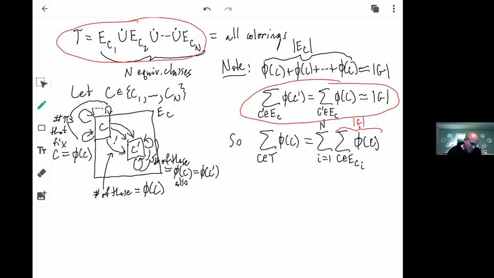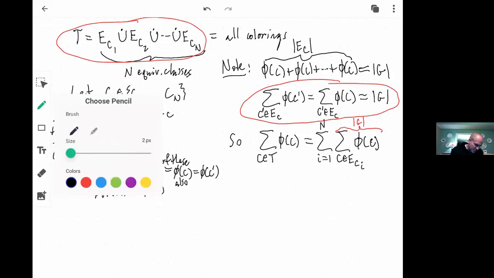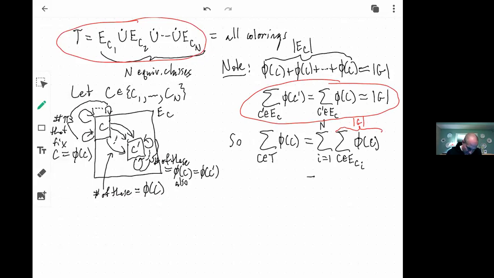So this ends up equaling, and this is the amazing part, the sum i going from 1 to N of the size of the group. But that's just a constant. So look what we get.